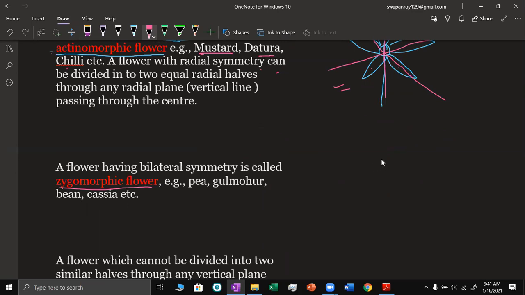As opposed to the actinomorphic flower, there is the zygomorphic flower. Zygomorphic flowers are bilateral. They have bilateral symmetry, meaning these flowers can be divided into two identical halves from only one plane, like what we find in the case of pea flower.